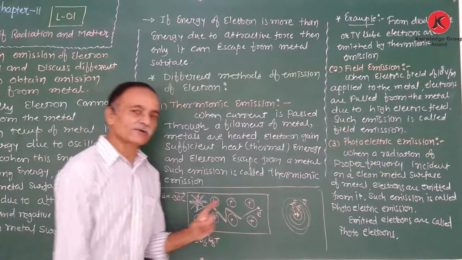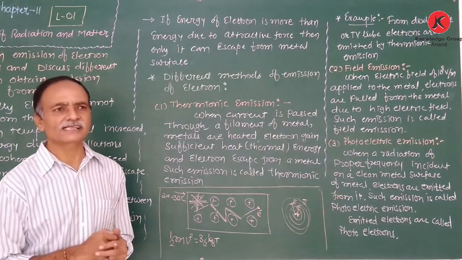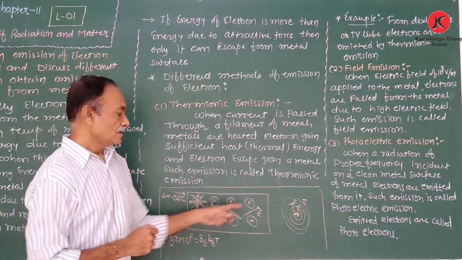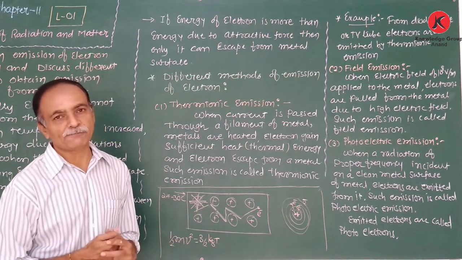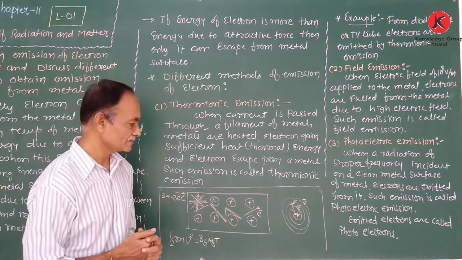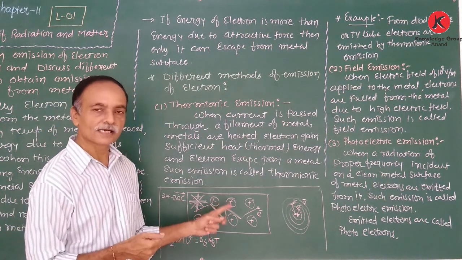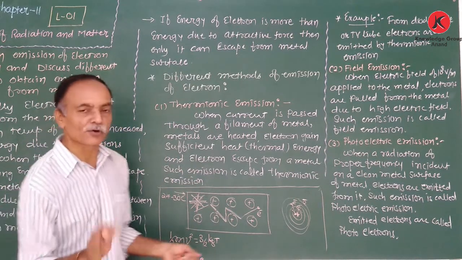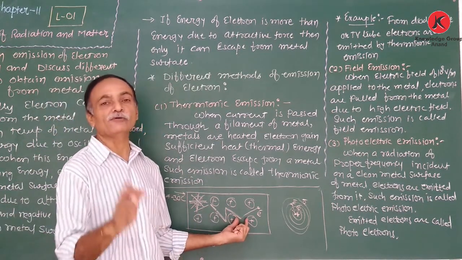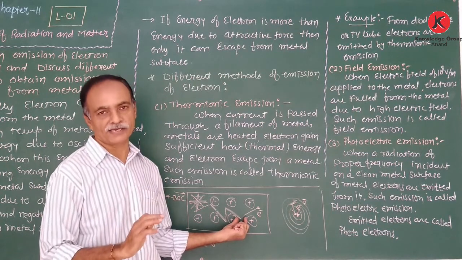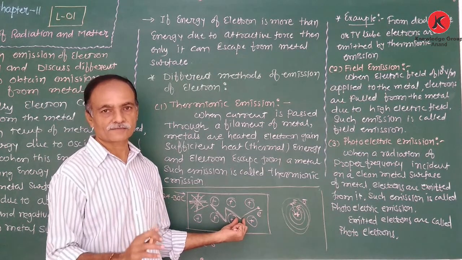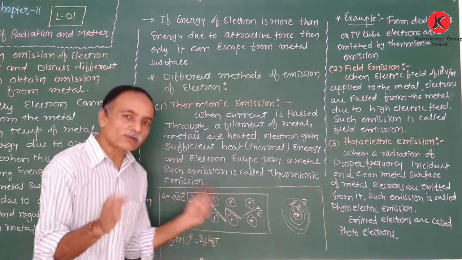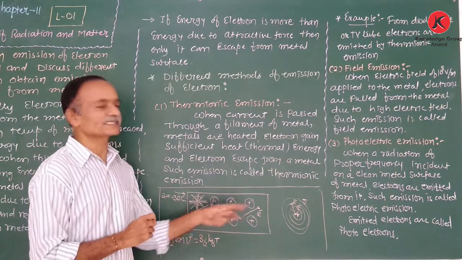So when an electron gains some energy, at that time the electron can escape from the metal. Normally the electron cannot escape from the metal. So under whatever condition, they can escape.